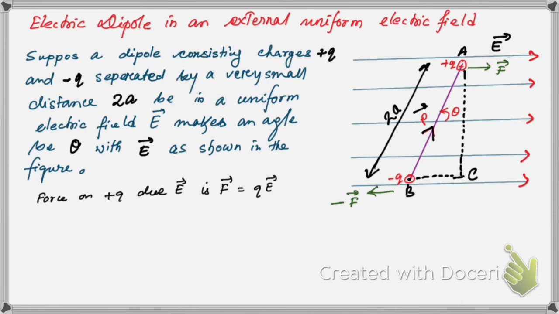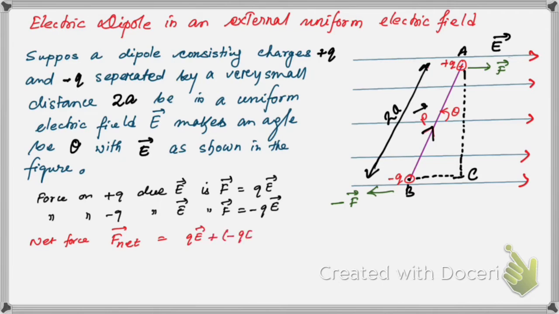This gives the force on a charge due to an electric field, and the force on the negative charge will be in the opposite direction, so this force will be minus QE. So the net force on the dipole, F net, will be QE plus negative QE, that is going to give you 0.